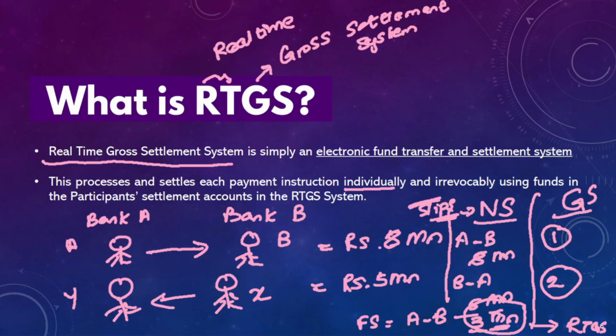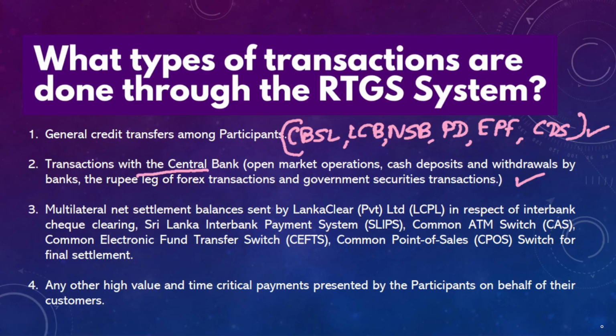That's what they are mentioning as the third requirement or the type of transaction allowed to do through RTGS platform. So here when you do net settlements through slips, through check clearing, through common ATM switch, common electronic fund transfer switch in any case, and then point of sale related switch, for all those the final settlement can be done through RTGS transfer system.